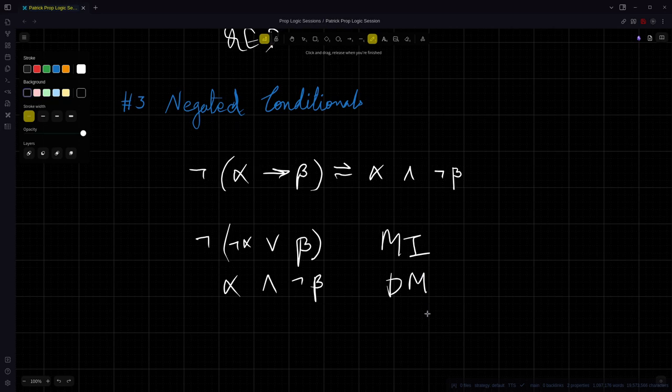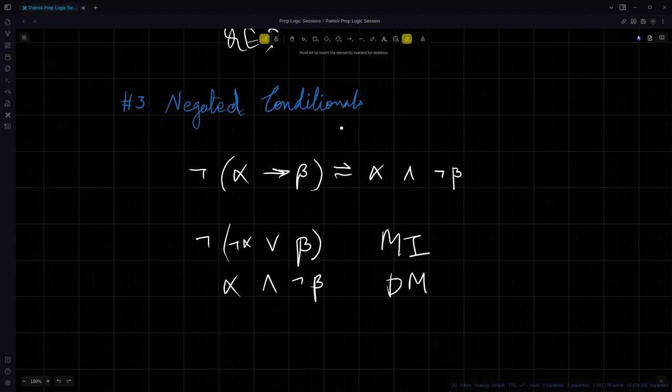So far, I haven't done a material implication with something in brackets directly. Would there be a missing step somewhere? If we were doing it longhand, would we need to first multiply out the negative, so it would be not alpha implies not beta, and then do the material implication on that?